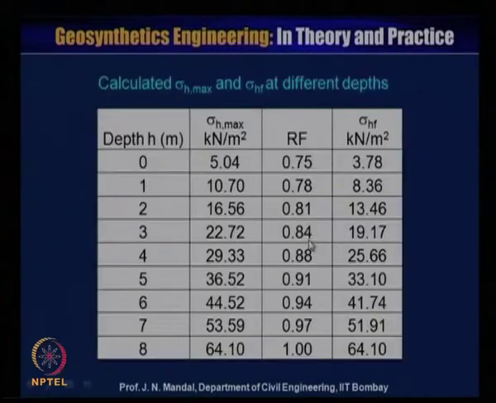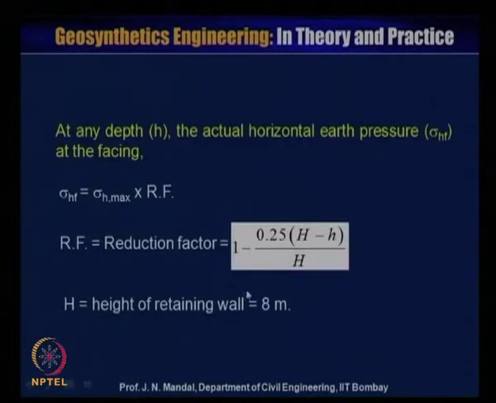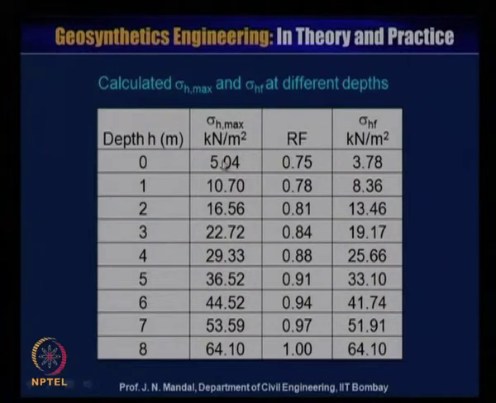So with this equation you can calculate the reduction factor at various depths. If you know the reduction factor, then what will be the pressure at the facing, that is sigma HF. You are using this equation: sigma HF is equal to sigma H maximum into reduction factor. So sigma H maximum into reduction factor 0.75 will give you the pressure at the facing, that is 3.78.